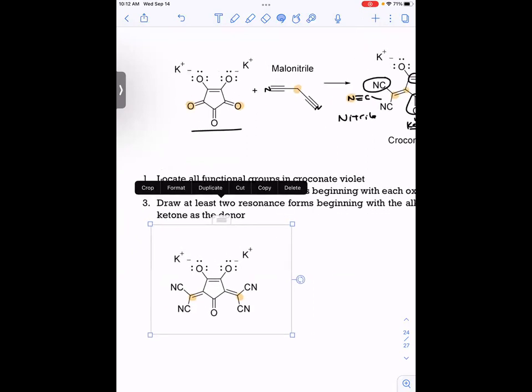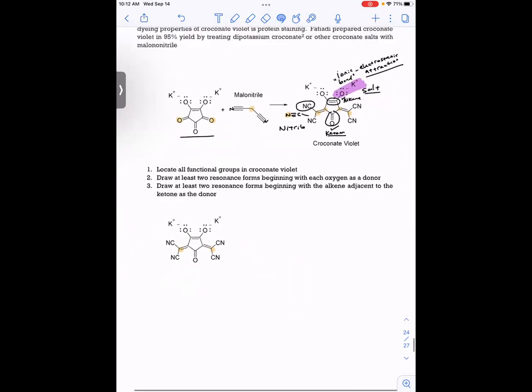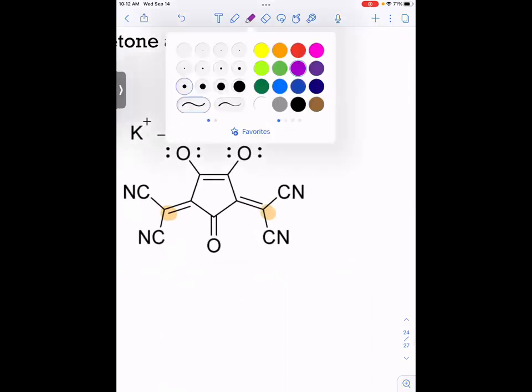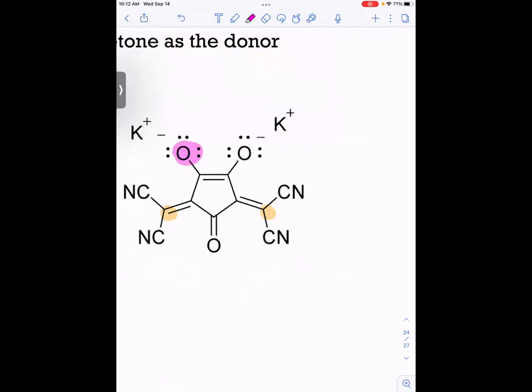So the question asked us to draw at least two resonance forms, beginning with each oxygen as a donor. So let's start with this oxygen right here. This is my donor. What's the acceptor? Because remember, for resonance, the donor and the acceptor have to be adjacent to one another. So what's the acceptor? Anybody?